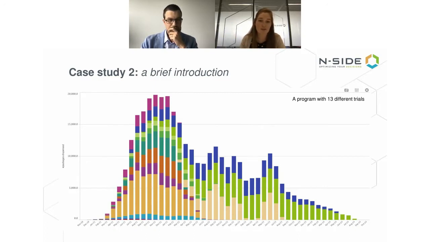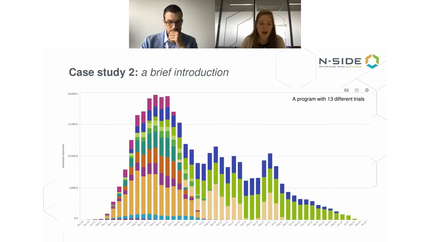There are peaks and drops. This company had 2 manufacturing lines, a large one and a small one. Their gut feeling when they started planning was, hey, we're going to use the large line and the largest lot size to manufacture the entire program, since it's such a large one.